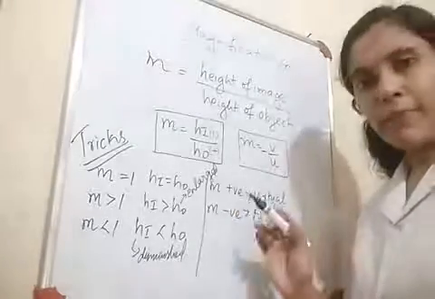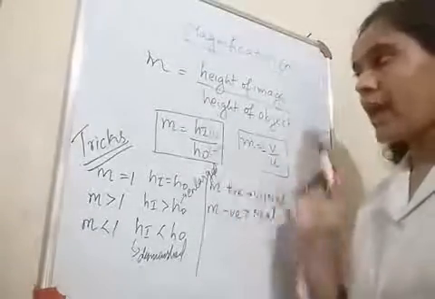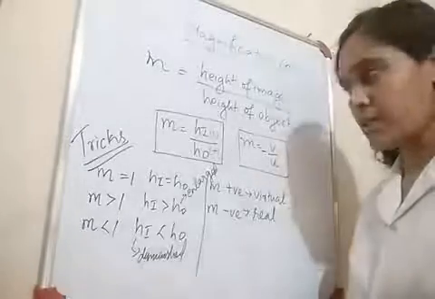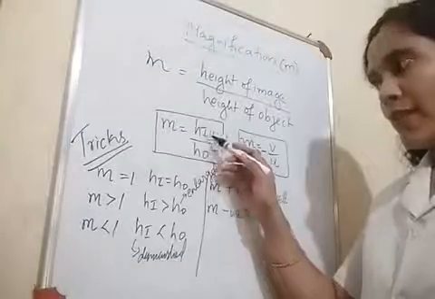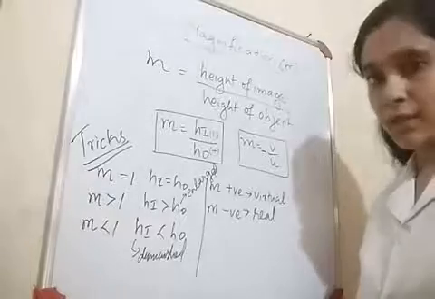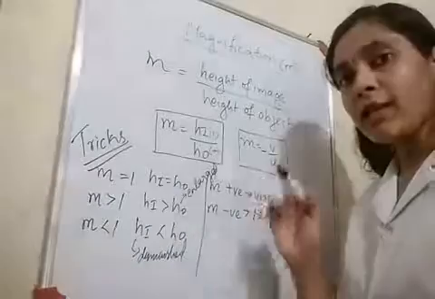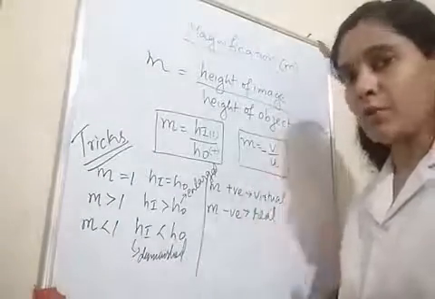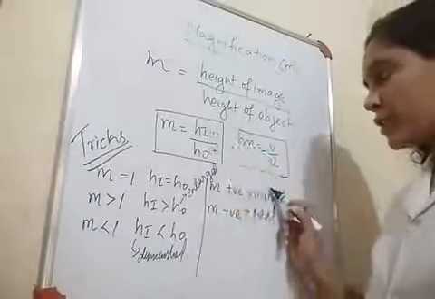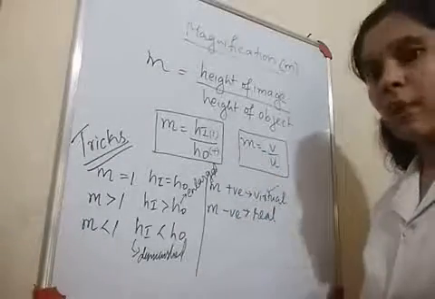Height of object cannot be negative. So height of object must always be positive. And in which case will height of image be positive? Only if the image is erect or virtual. So for a virtual image, magnification is positive.